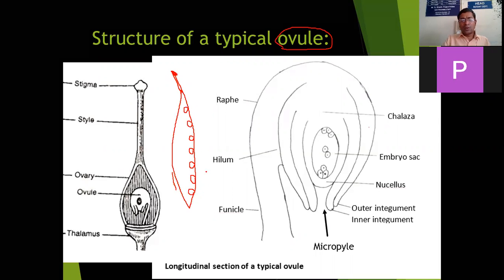This is an ovary of Pisum, the pea plant. You know the pea plant. This pea plant possesses such ovules arranged on a margin. After the fertilization of these ovules, later on the fruit will be developed. So this fruit will produce so many seeds.